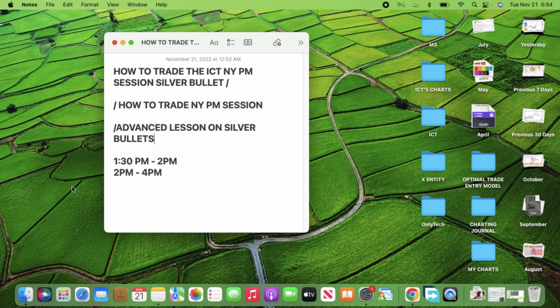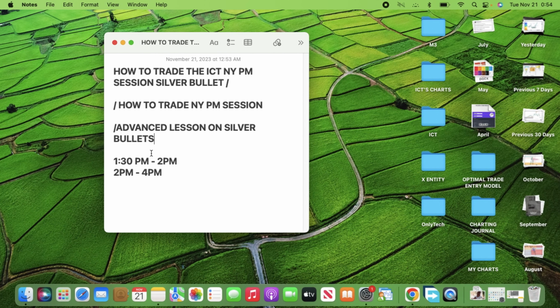Okay, guys, if you're interested in trading the PM session silver bullet, or making that your model or your strategy, you wanna be looking at the charts from 2 p.m. up until 3 p.m. Now the PM session is made from 2 p.m. up until 4 p.m. So that's the difference between the overall PM session and the silver bullet.